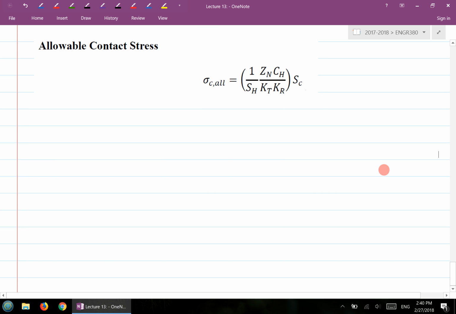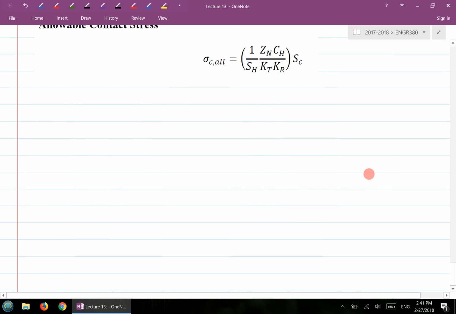Before we start on all the factors here, I want to go through them using an example. Let's set up the example first, and then we can go through all the different factors.